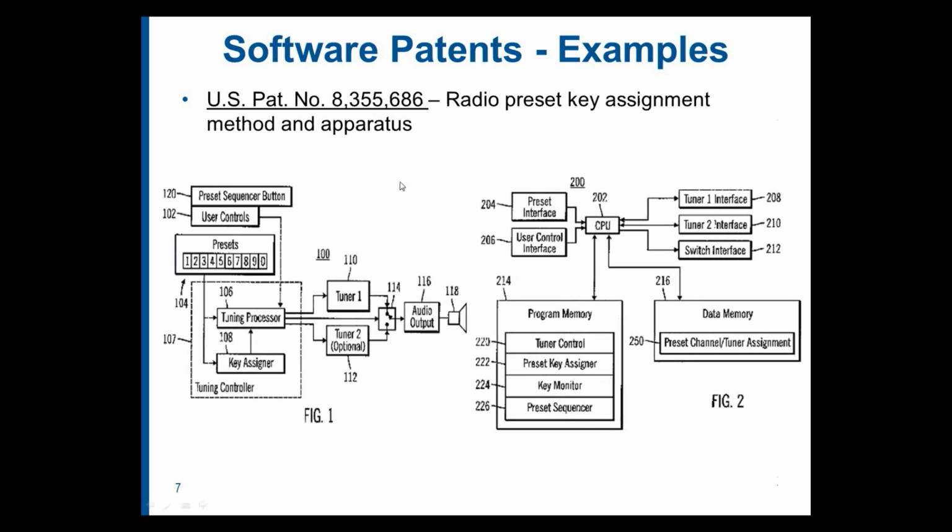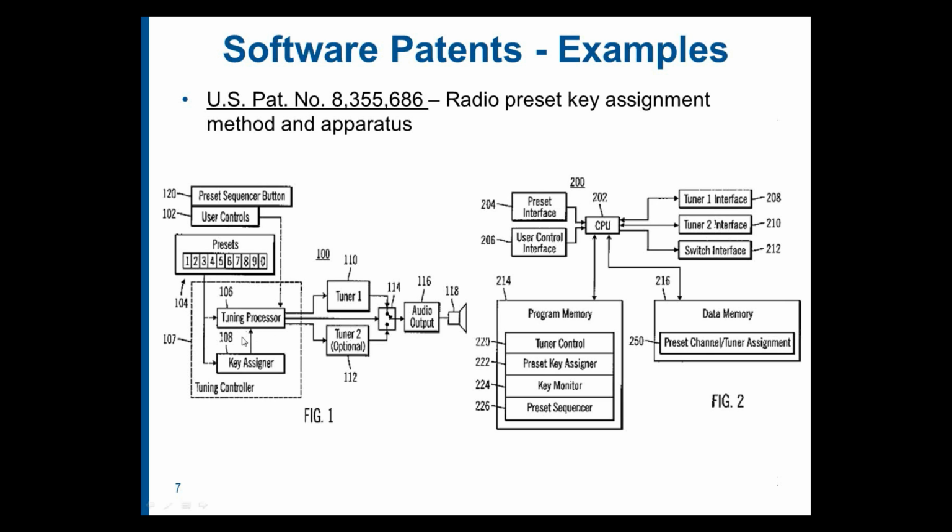Next example is US patent number 8,355,686. It's to a radio preset key assignment method and apparatus, and this one is owned by SiriusXM. And you can see there are different tuning processors and key assigners, and the functionality of these processors that allows a user to set some presets, for example, tuner 1 and tuner 2.